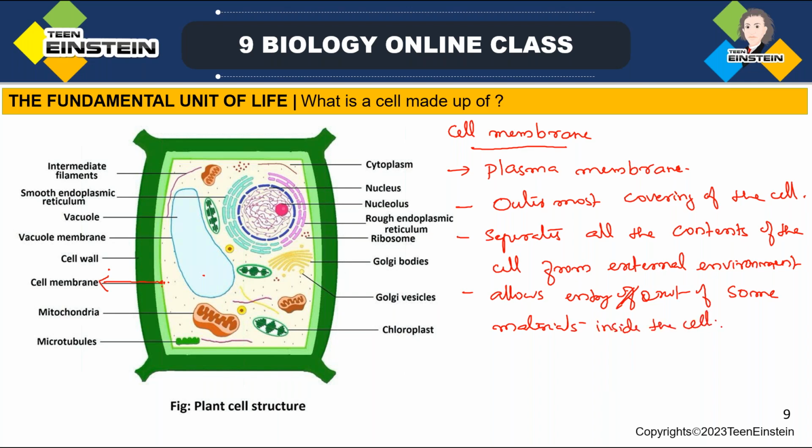Okay, so this plasma membrane allows or permits the entry and exit of some materials in and out of the cell. And this plasma membrane or cell membrane prevents the entry of some materials, or prevents the movement of some other materials.